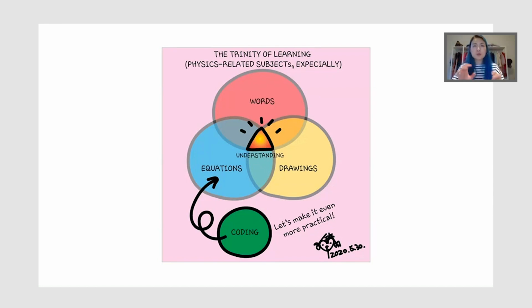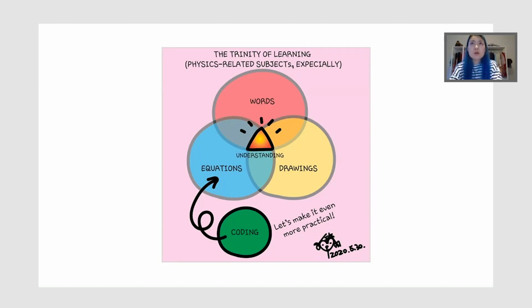All three can overlap and replace each other interchangeably. When we get to that point, that is how we can reach real understanding. We have to be able to translate between these areas.